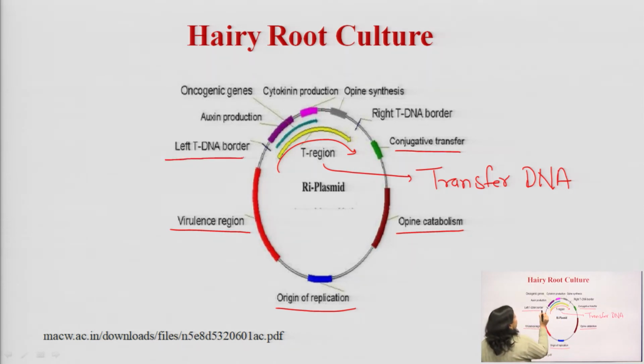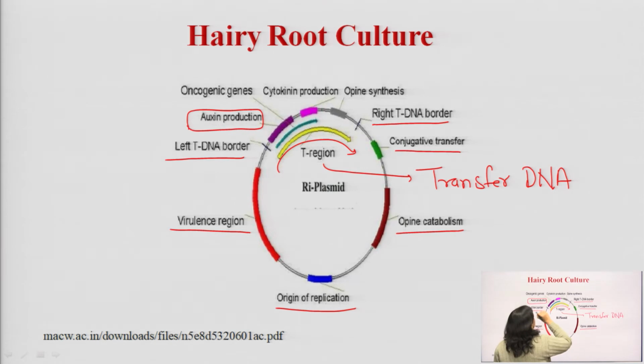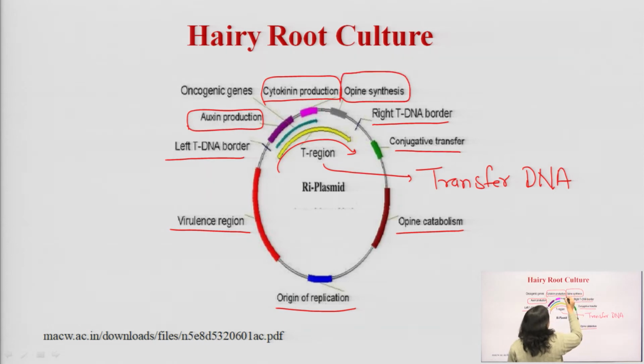This is the left T-DNA border, this is the right T-DNA border, and in between we have areas. This purple part is the auxin production area, it is depicted like this. Then you have the cytokinin production area, and this is the opine synthesis area. So, you have different areas in this whole strand of the DNA.